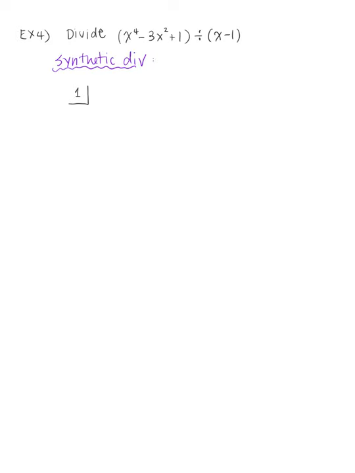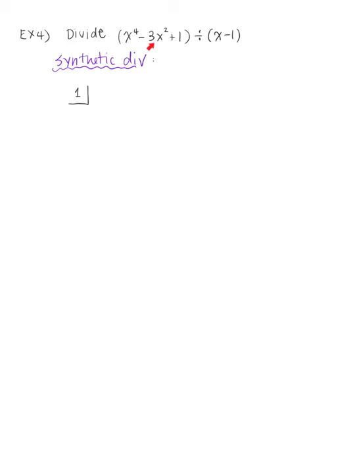Okay, so now remember what to do. You write down the coefficients of your dividend. But be careful. Look at it. This is x to the fourth. Now, do you see that we're missing x cubed, right? So in that case, remember when you did the long division, you had to write it as 0x cubed. Same thing's going to happen for the synthetic division.